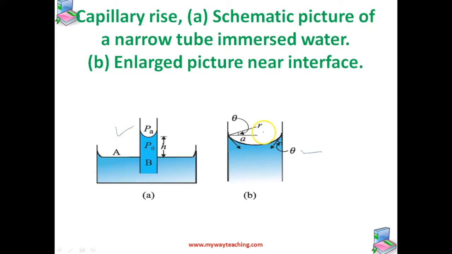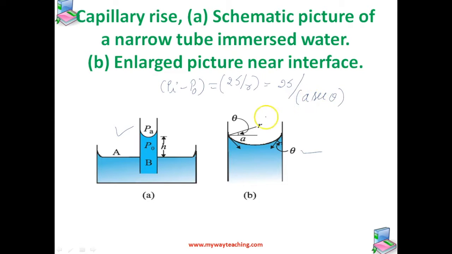This means that there is a pressure difference between the two sides of the top surface. We can write that the pressure difference on the top surface is Pi minus Po, which is equal to 2S by r, which is given by 2S by a sec theta.